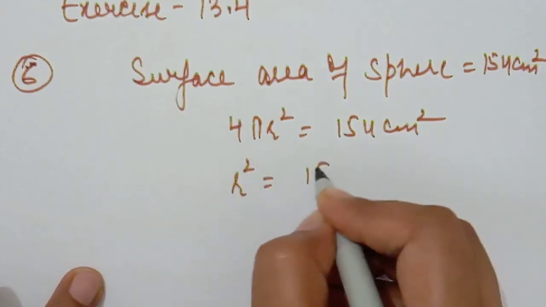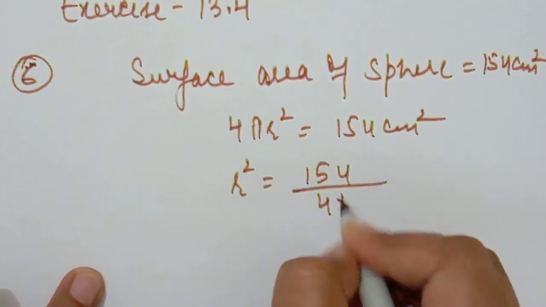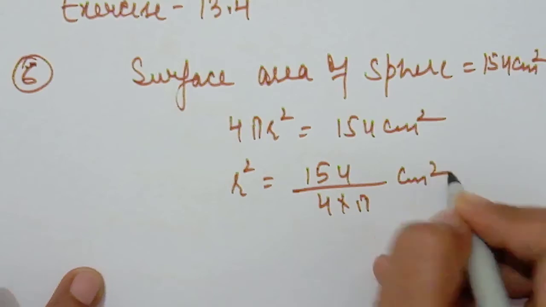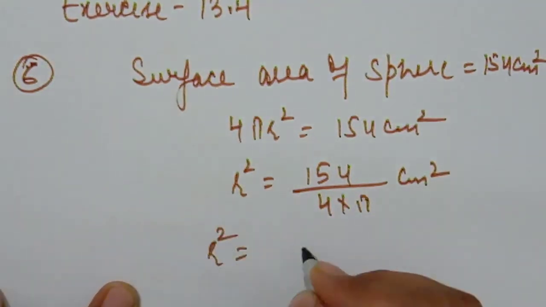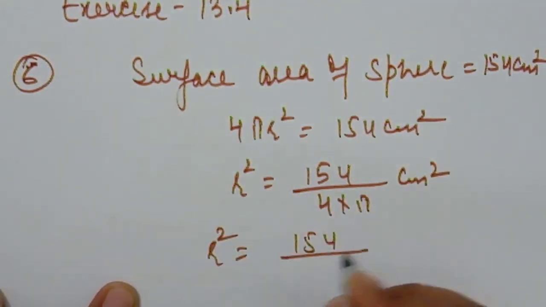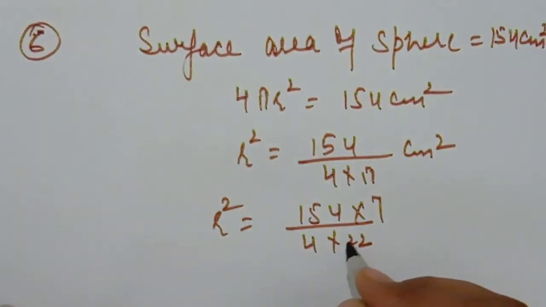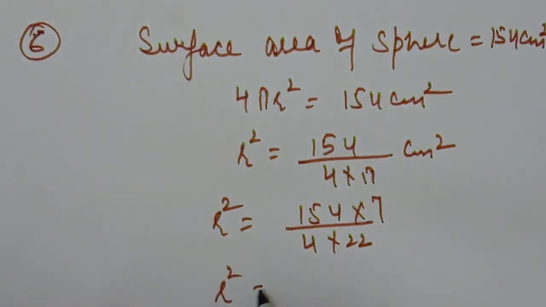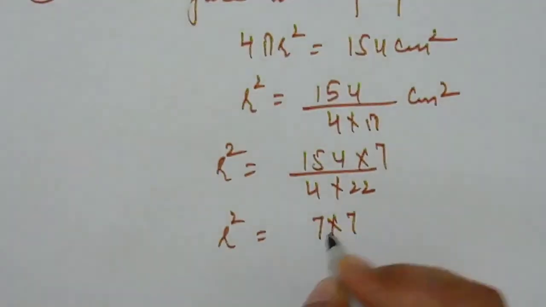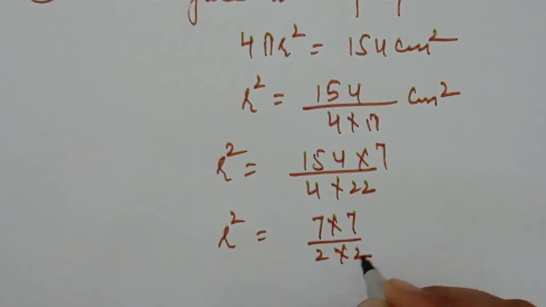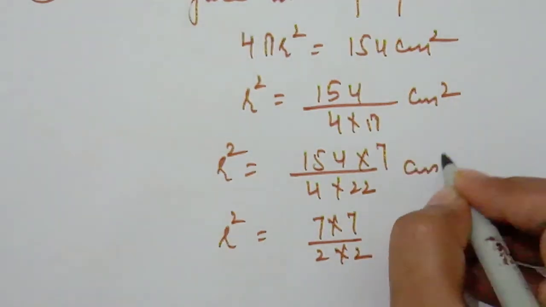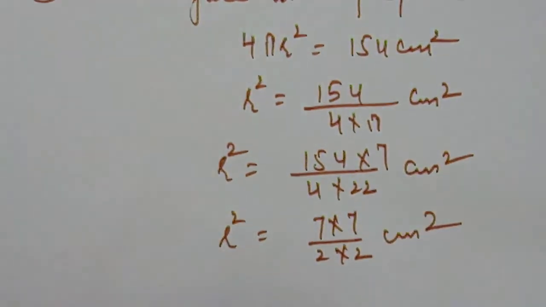Then r square is equal to 154 upon 4 pi centimeter square. Then r square is equal to 154 over 4 into 22 into 7. When we cancel it, r square becomes 7 into 7 upon 2 into 2 centimeter square.